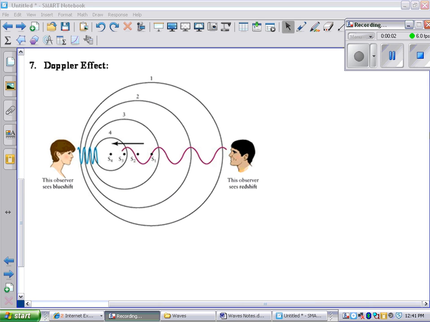Our next part of the waves unit is going to be the Doppler effect. You should be a little familiar with this from earth science.